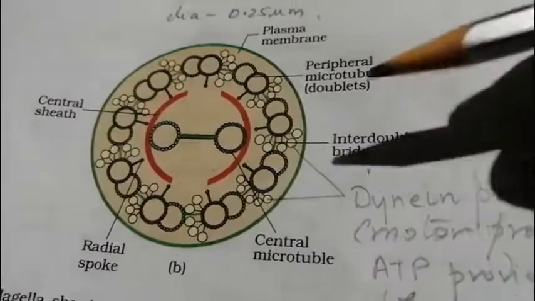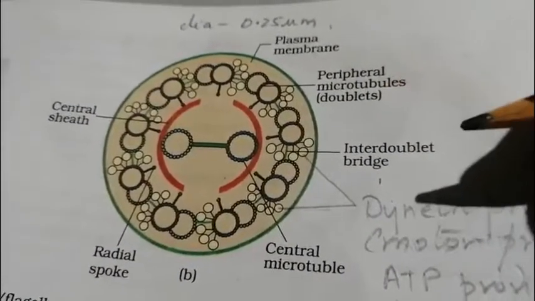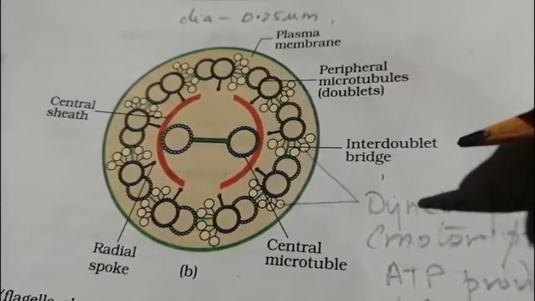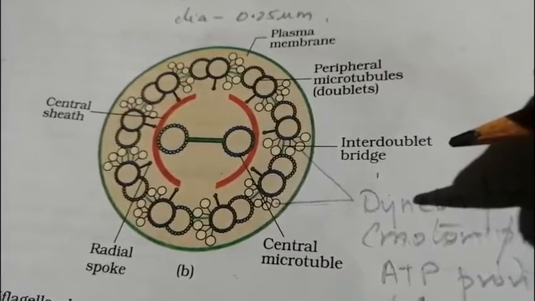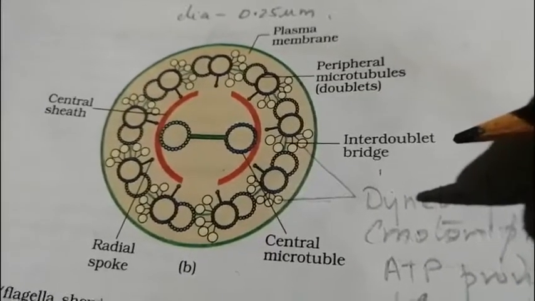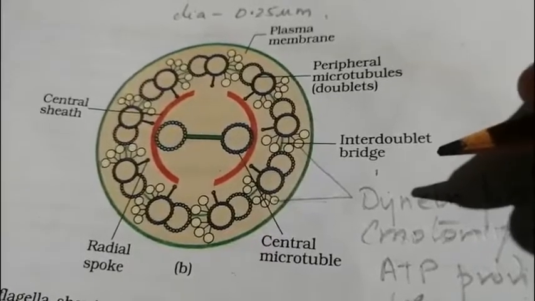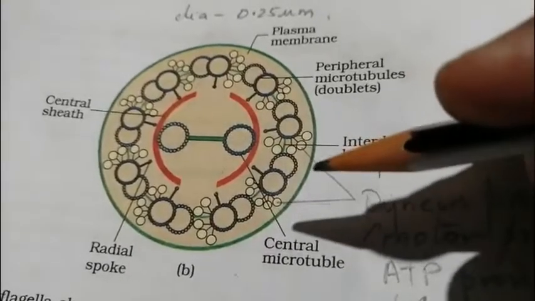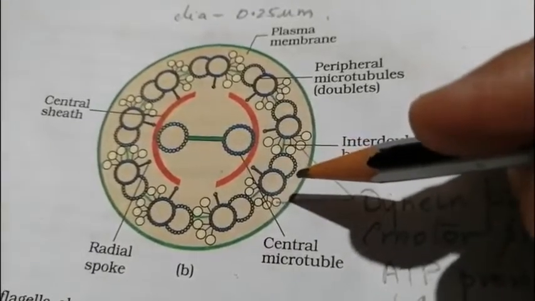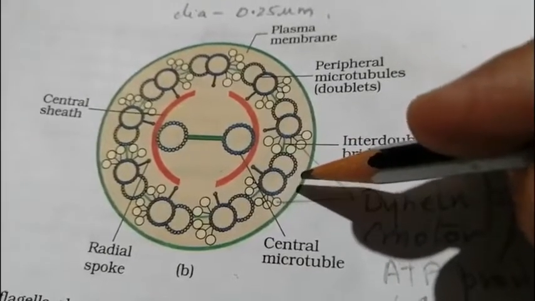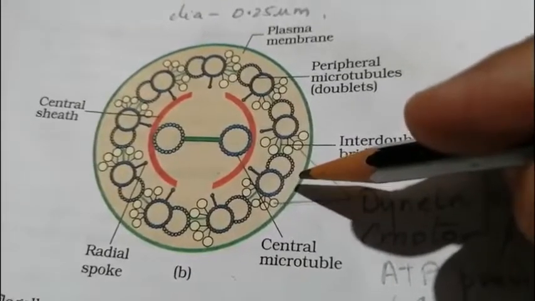Now we are going to move towards cilia and flagella. If you look at cilia and flagella, they are hair-like outgrowths on the cell membrane, isn't it? Now this is the cross section of your cilia and flagella. Their structure is like this.